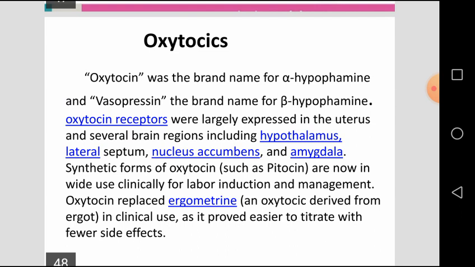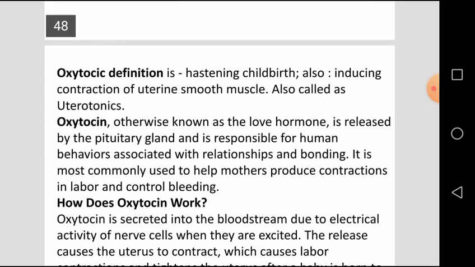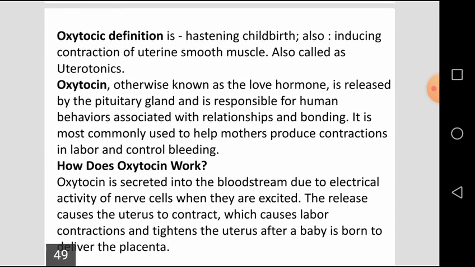Oxytocin replaced ergometrine, an oxytocic derived from ergot, in clinical use, as it is easier to titrate with fewer side effects. What are oxytocics? Oxytocics hasten childbirth and also induce contraction of uterine smooth muscle, and they are also called uterotonics.